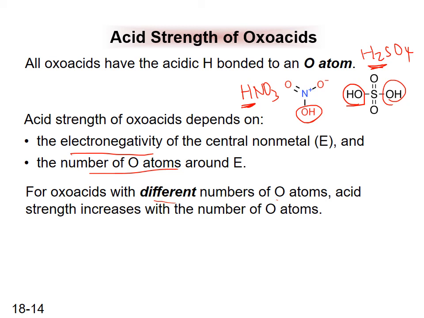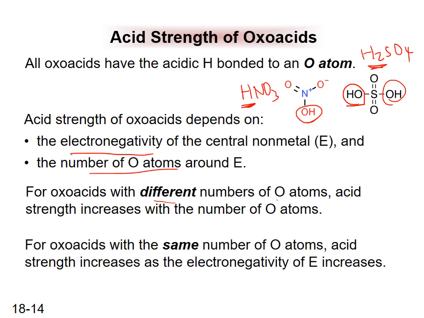For example, you have learned before that when the number of oxygens minus the number of hydrogens equals 2 or more, then they are strong acids. So the more oxygens, the stronger the acids. If they have the same number of oxygens, then the acid strength depends on the electronegativity of the central nonmetal.